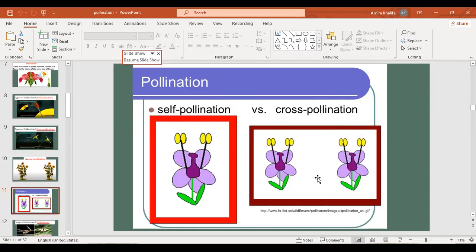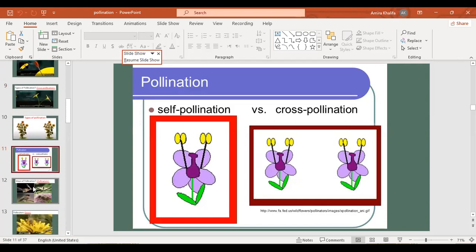Look at these two flowers; they are the same type of plant. I hope you understood this part.